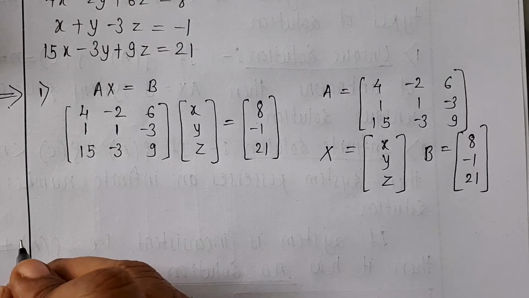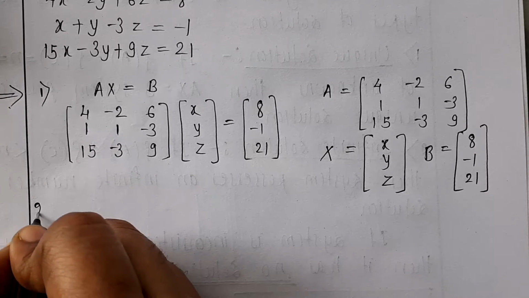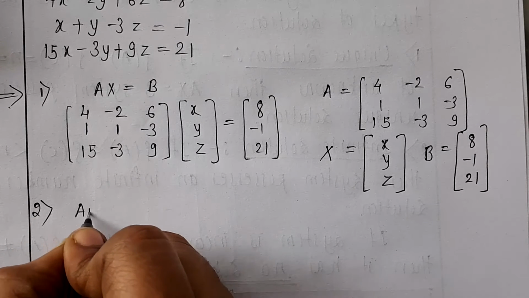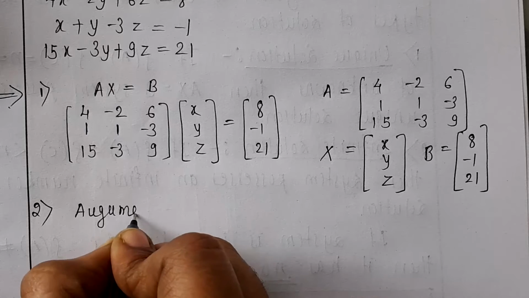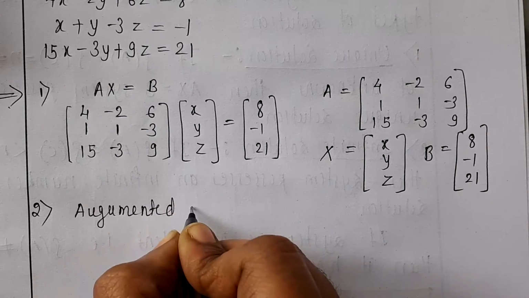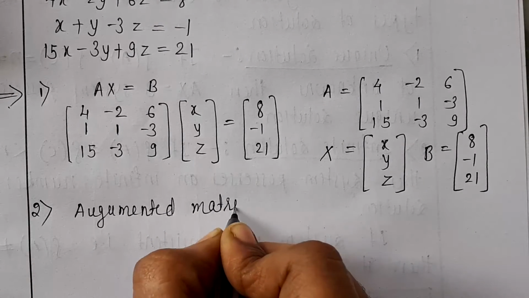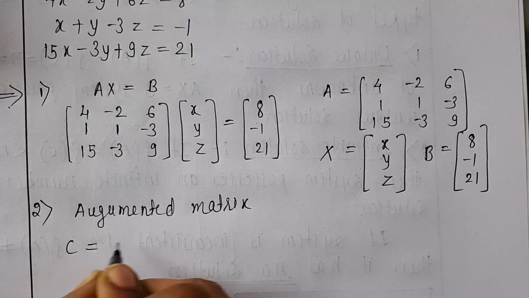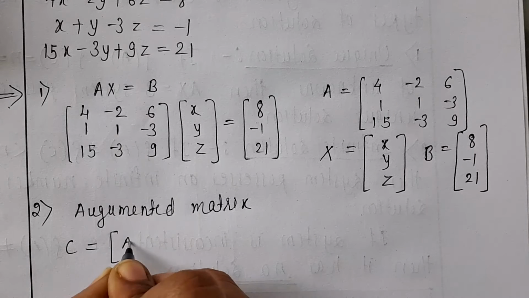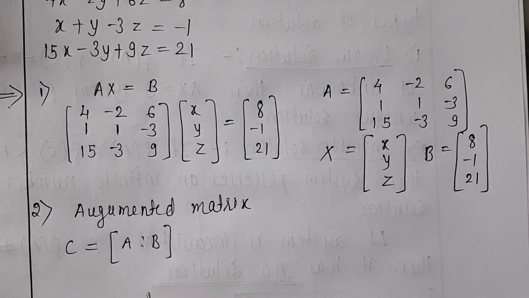Now what is our next step? We write the augmented matrix. So the second step is to write the augmented matrix. Here I am denoting it by C, but sometimes it is denoted only by matrix AB.